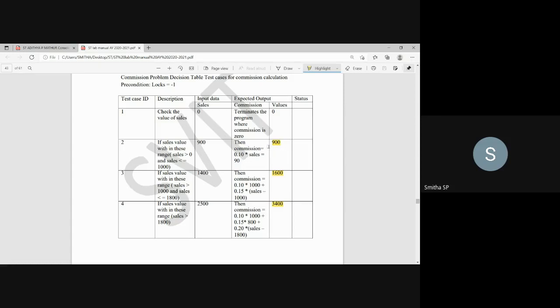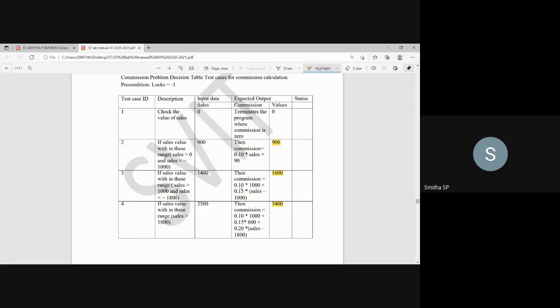And next, for the third test case, the sales range should be greater than 1000 and less than or equal to 1800. Here the entry they have taken is 1400. For 1000 you give 10% commission, and for the remaining sales, that is 400, you calculate 15% commission.